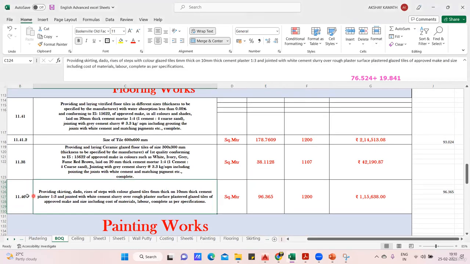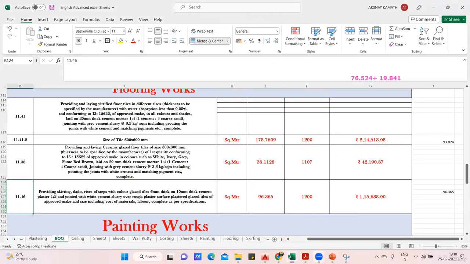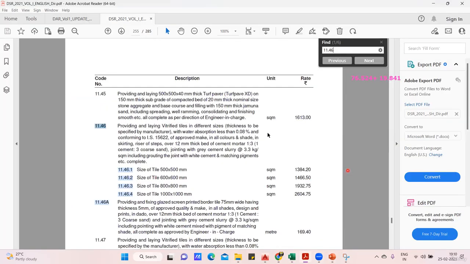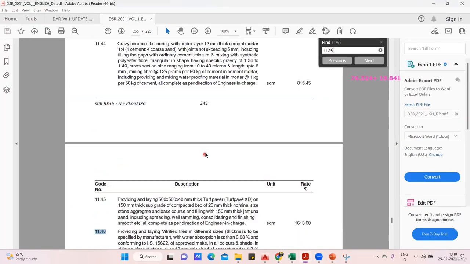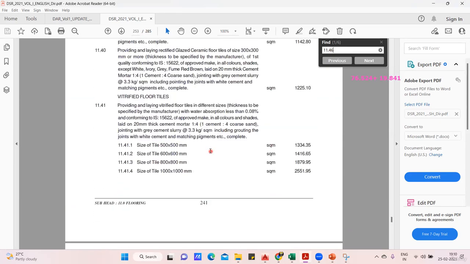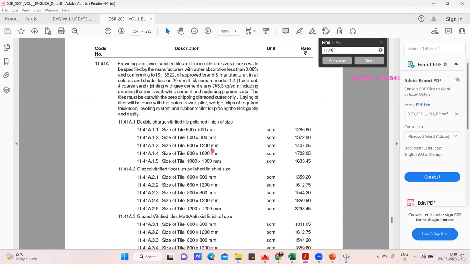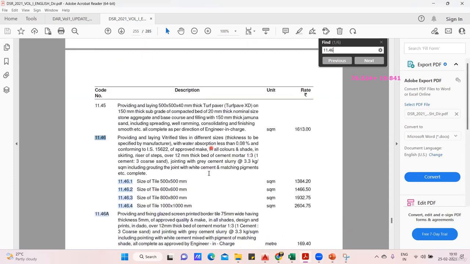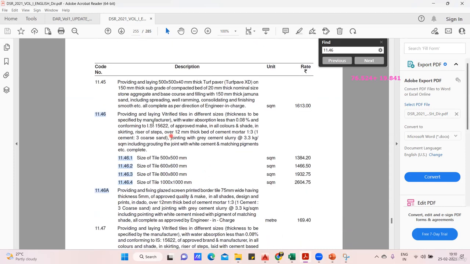Okay, it should come, no? Providing skirting. I'll go back. Let me check. 11.46. Wall dado. This is vitrified tiles. 11.46. Okay, fine. It is written here.